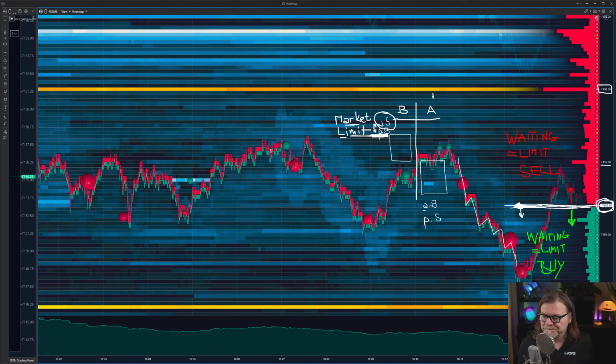What does it mean? Two things or the combination of those two things, and the latter is the truth. It can mean that there are 127 traders who placed one contract of S&P 500 each, that's why 127 at the level, and 127 market participants wait until the price gets there.